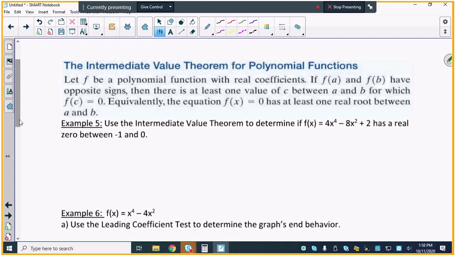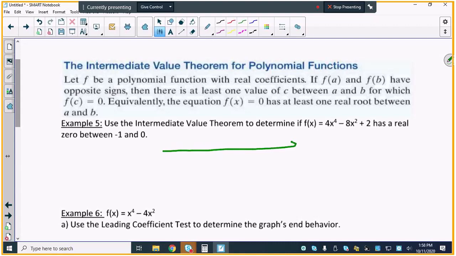So how do you know, given a polynomial and given two numbers, whether there is a solution between these two numbers? Well, the easier answer is to find the value of the polynomial function at these two given numbers. If they are of different sign, then you know that there is at least one real solution between the two given numbers. For example, our polynomial function is 4x to the power 4 minus 8x squared plus 2, and I want to know whether there is a real solution between -1 and 0.